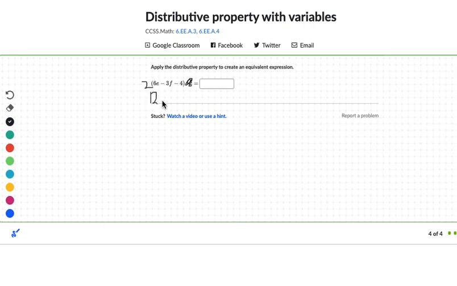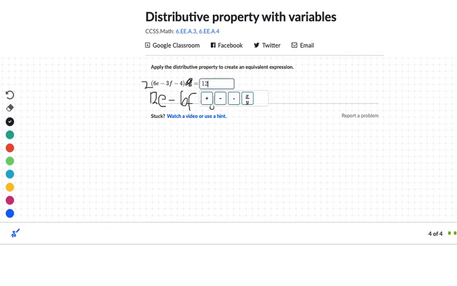So 2 times 6 is 12. And then a 2 times negative 3 is negative 6. We keep the f. 2 times negative 4 is negative 8. So we're left with 12e minus 6f minus 8.